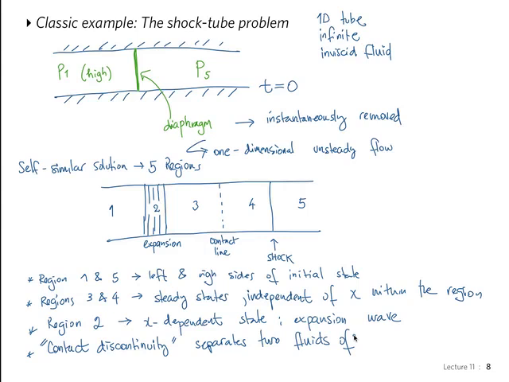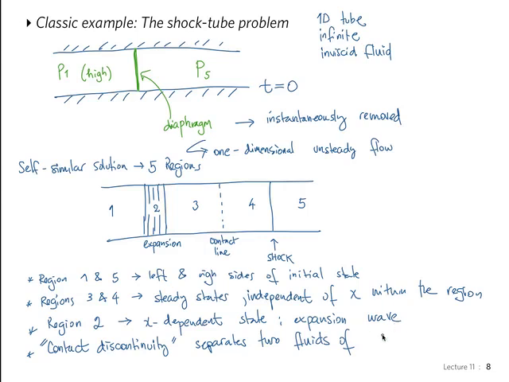For example, you could have two fluids where one fluid has dye and the other fluid has no dye whatsoever. So water, and one side of the water has dye. And if there's a separation between these two, the two fluids have different entropy, but they have the same pressure, same velocity.